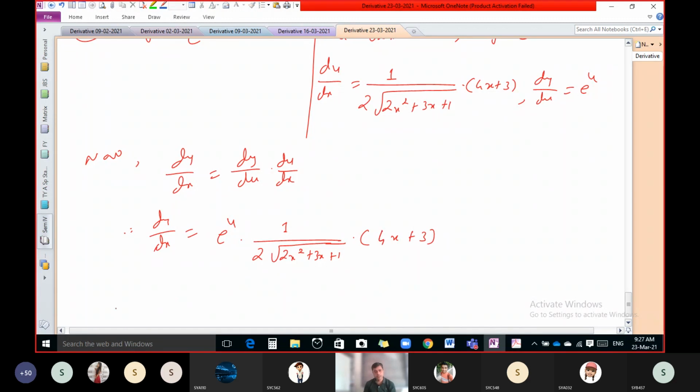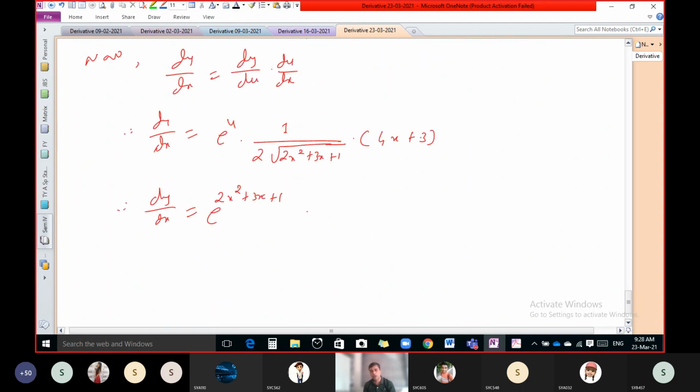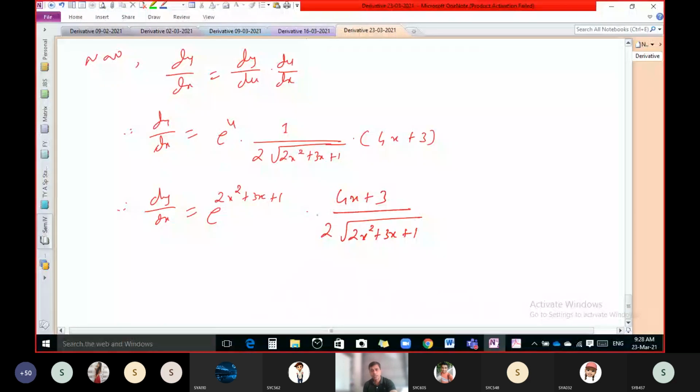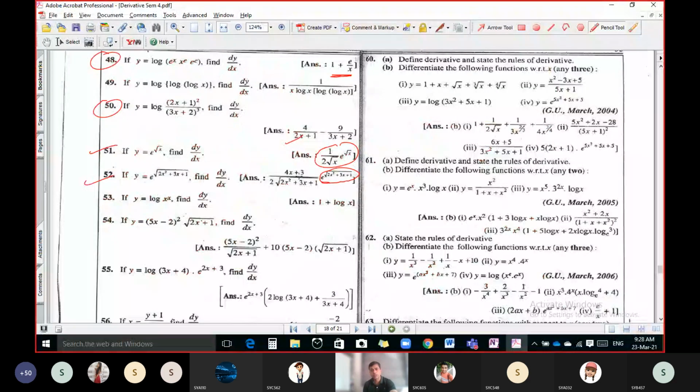Now my final answer is dy by dx equal to, you can put the value of u. So e raised to root of (2x square plus 3x plus 1) into (4x plus 3) upon 2 into root of (2x square plus 3x plus 1). So this is my final answer.